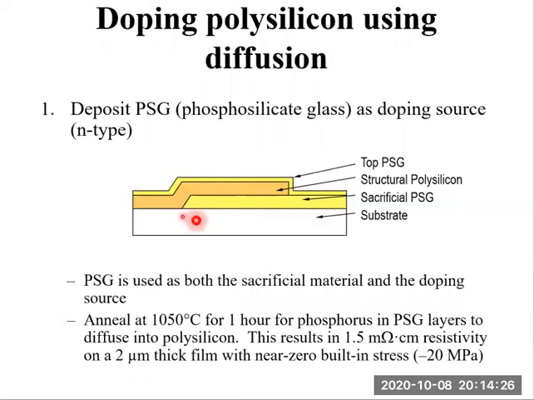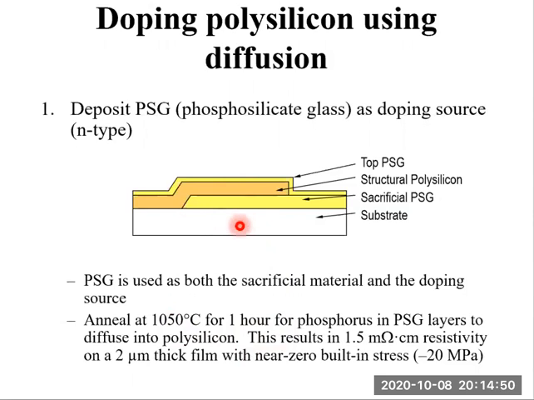Then we anneal this wafer at 1050 Celsius for 1 hour. Then phosphorus in PSG will diffuse into polysilicon from both the top surface and the bottom surface.